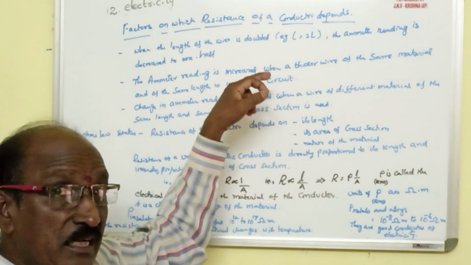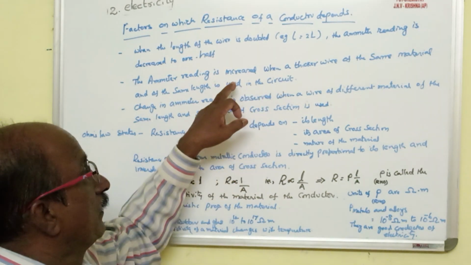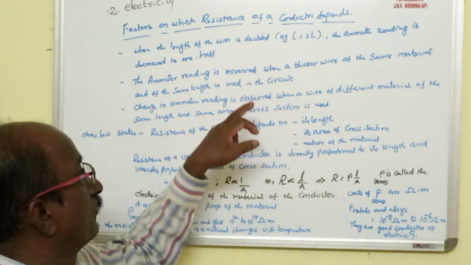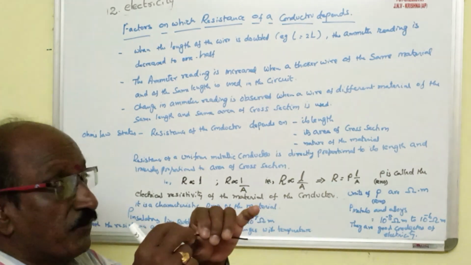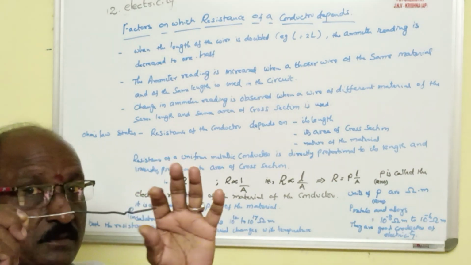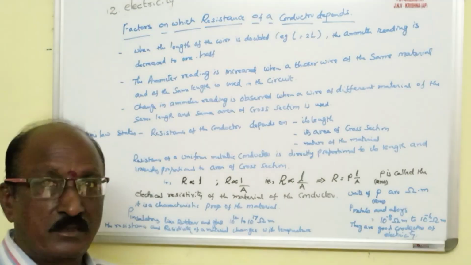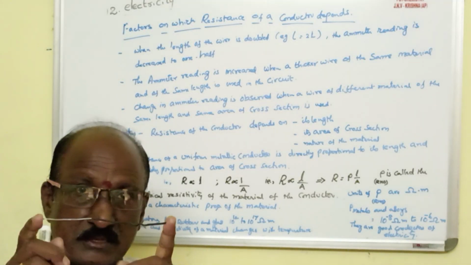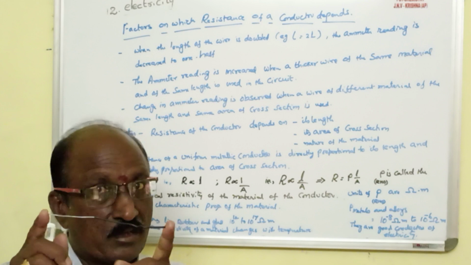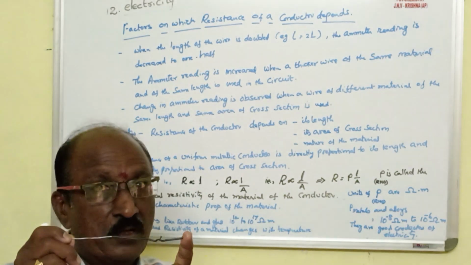But I want to increase the ammeter reading. For that, what I have to do is use a thick wire of the same material and of the same length. Previously this is 1/4, and now also this is 1/4.